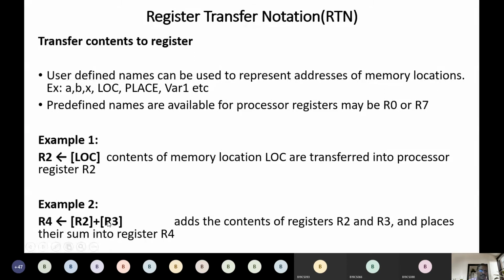If R2 contains 5 and R3 contains 6, 5 plus 6 is 11, and 11 is stored in register R4. It adds the contents of registers R2, R3 and places their sum into register R4. These are the two examples of register transfer notation, one notation to represent an instruction.